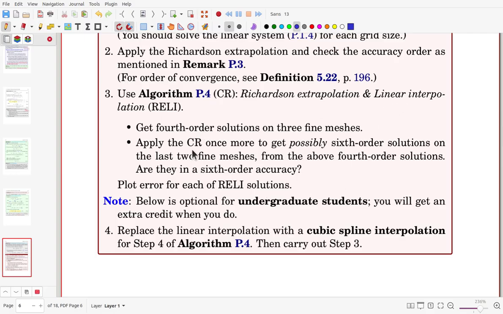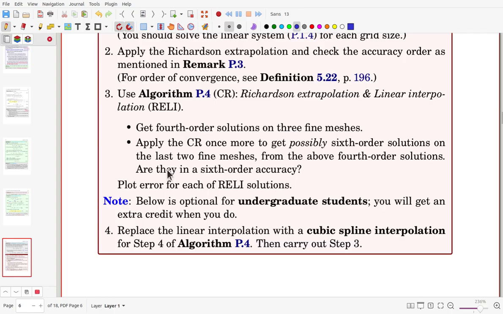Now apply the CL algorithm one more time to get possibly a sixth order solution. I say possibly because it's not really sixth order, but anyway, you can get a sixth order solution on the last two finer meshes from the above fourth order solutions.